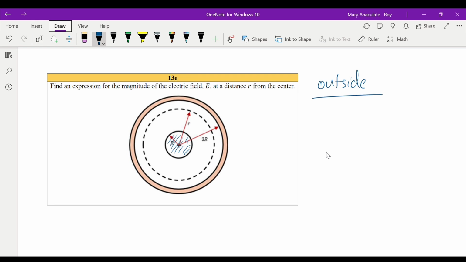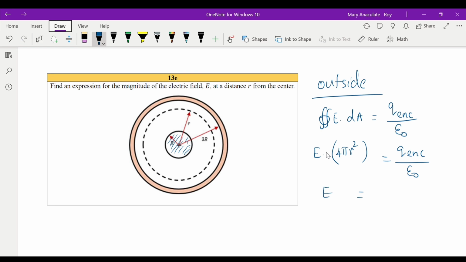So you start with the surface integral E dot dA equals q enclosed over epsilon naught. E times the surface area, which is 4 pi r squared, equals q enclosed over epsilon naught. E will be equal to q enclosed over 4 pi epsilon naught r squared, which is k times q enclosed over r squared.